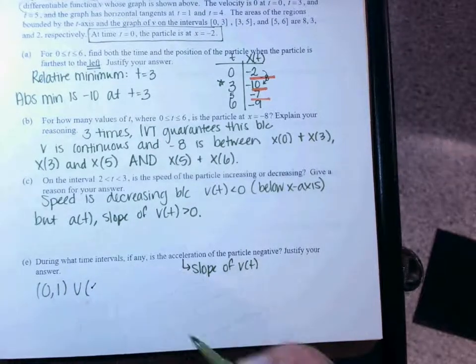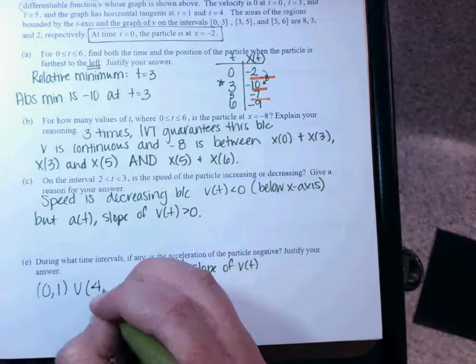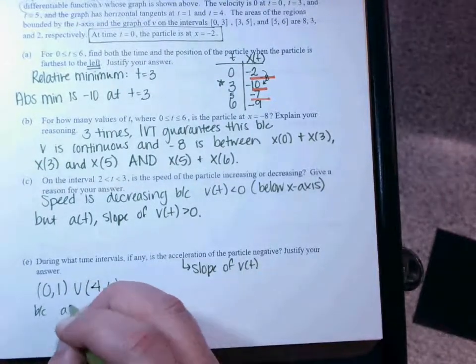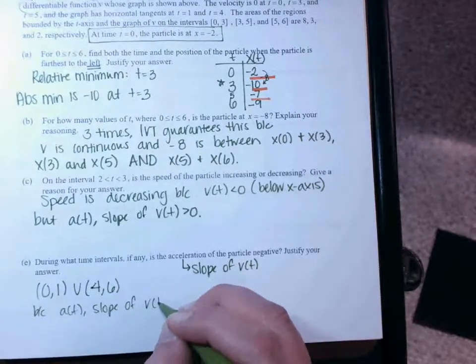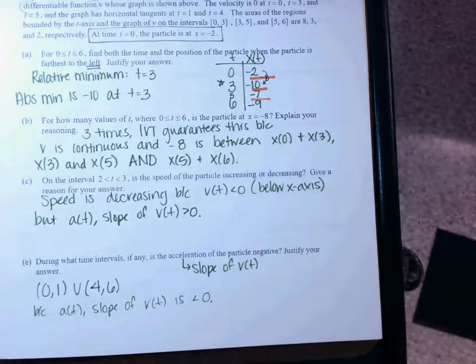Starting at 4, right? 4 to 6. And then because a of t, the slope of v, is less than 0.